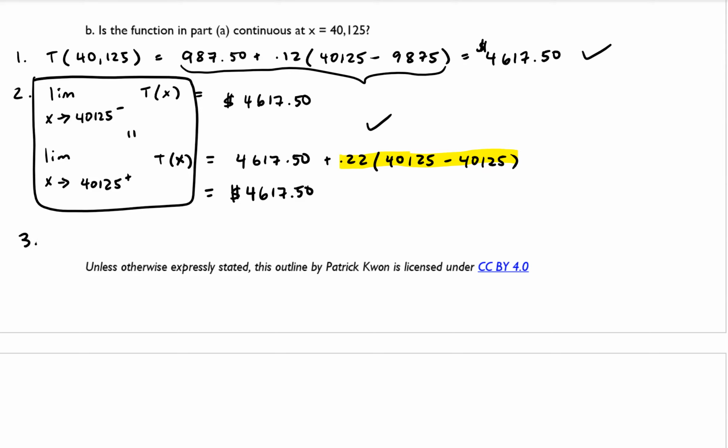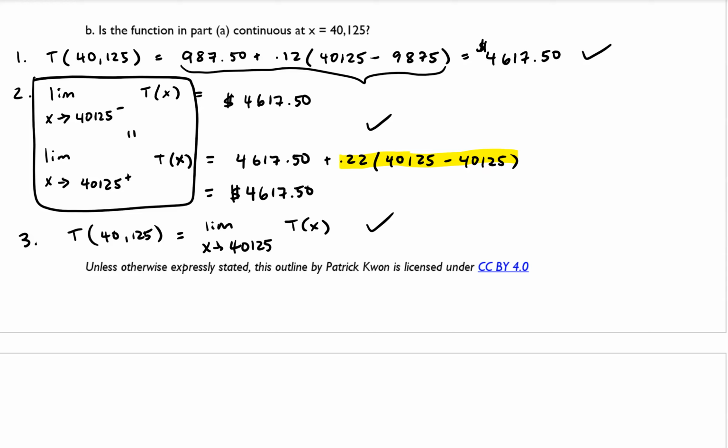And then the third condition was that we need T of 40,125 to equal the limit as x approaches 40,125 of T of x, and we've met that condition because both of those are equal to $4,617.50.